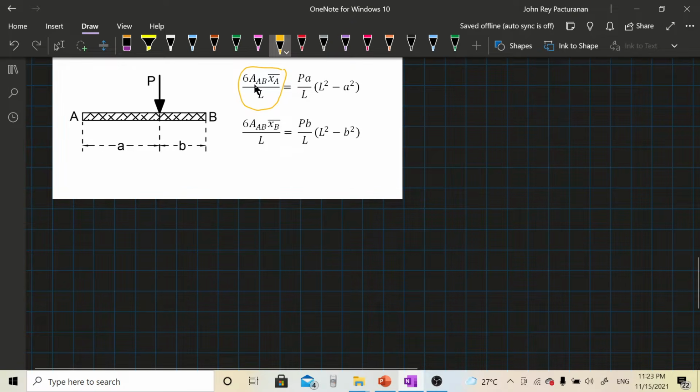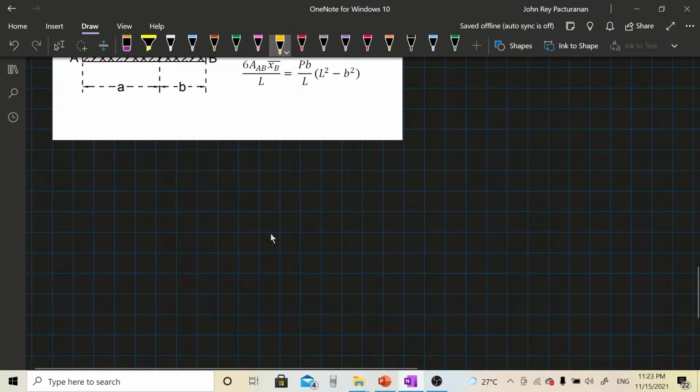So, 6 times yung area ng moment diagram between AB multiplied by their centroid with respect sa point A, then divided by L. So, yun talaga yung meaning ng formula na yan. But, again, hindi na yun advisable because sketching alone the moment diagram by parts each span is a complicated and a lengthy process. So, we just rely on the formulas.